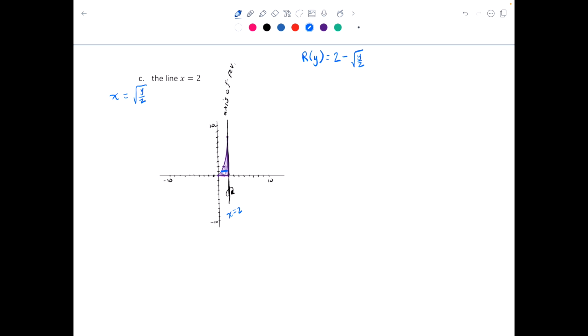All right. And so now let's go ahead and take a look at what this will look like. So we'll have something like this for our little ghost graph, right?